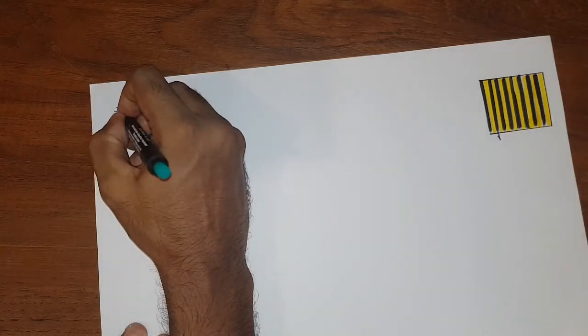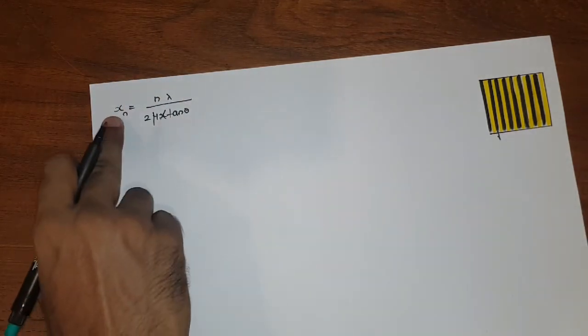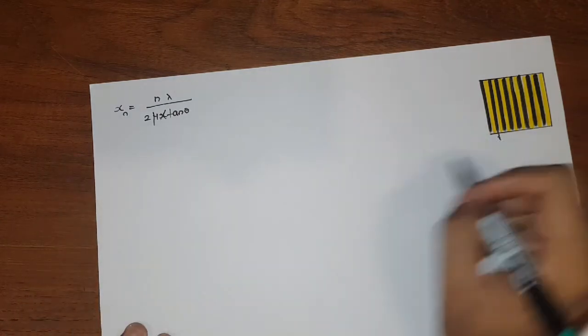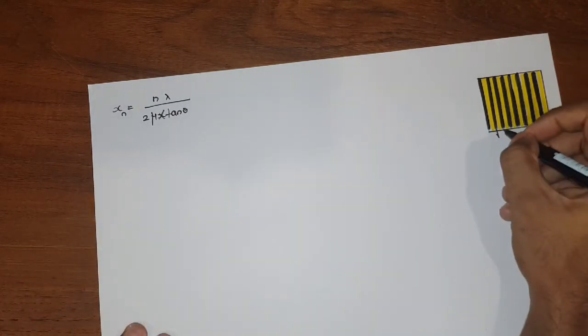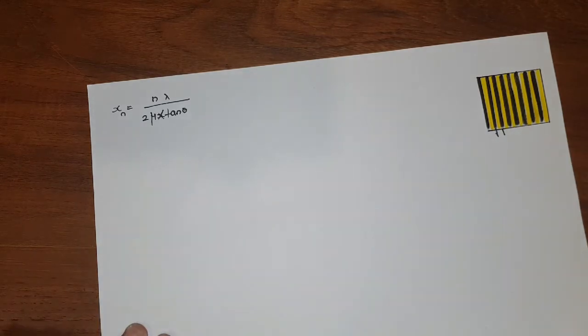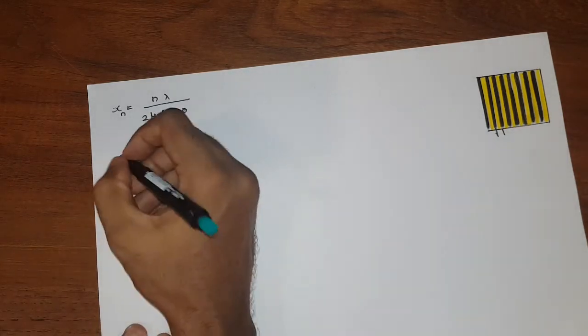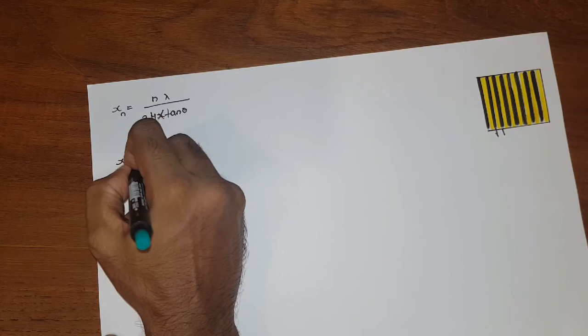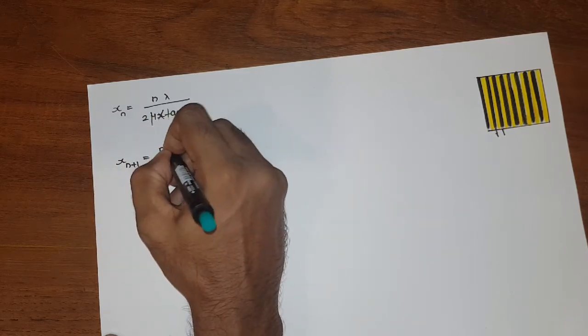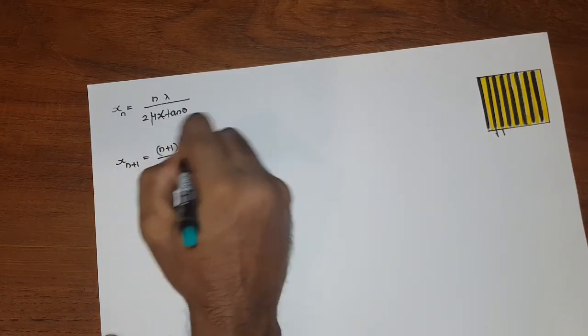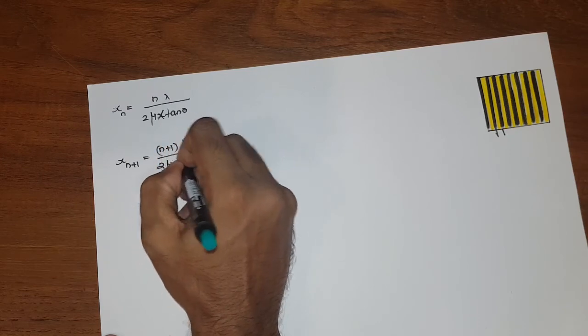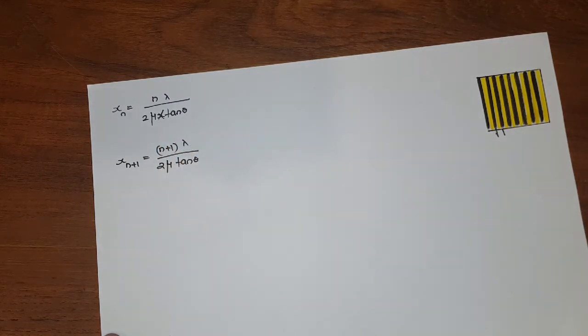So let us call this the x value of the nth fringe. And what will be the number of the next dark fringe? It will be the n plus 1th fringe. And what will be the position of the n plus 1th fringe? It will be n plus 1 into lambda by 2 mu tan theta.